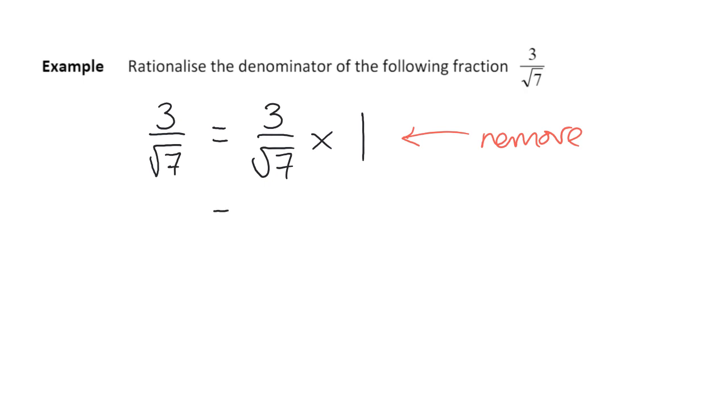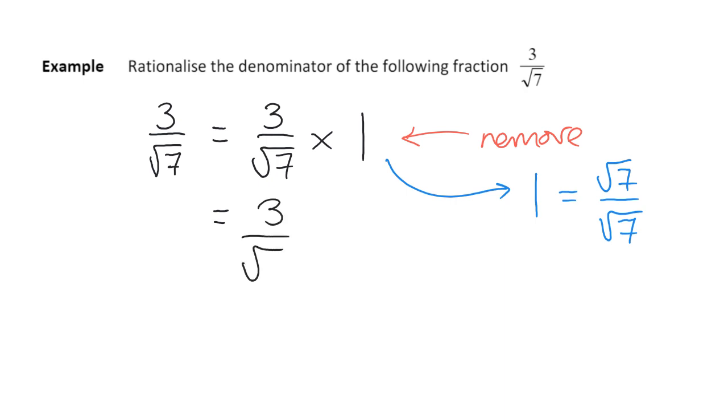Now, how does 1 look? We've seen already that 1 can look like many things: a over a, b over b, 10 over 10. It would make sense for us to select 1 as root 7 over root 7. The fact that we can pick root 7 and root 7 is going to allow us to multiply this root 7 at the bottom. So we want to select root 7 over root 7, largely because it's the root that's there.